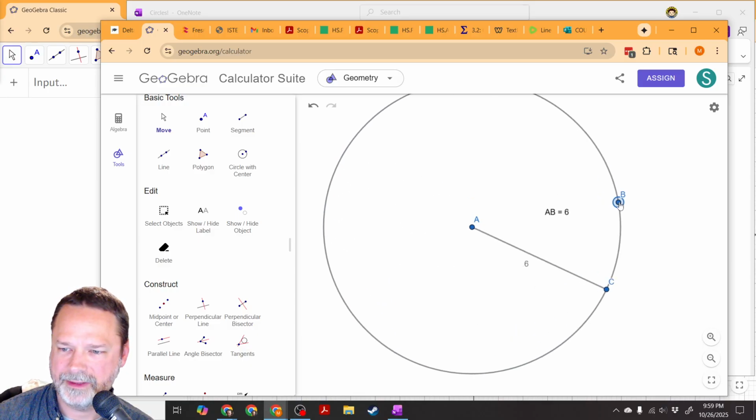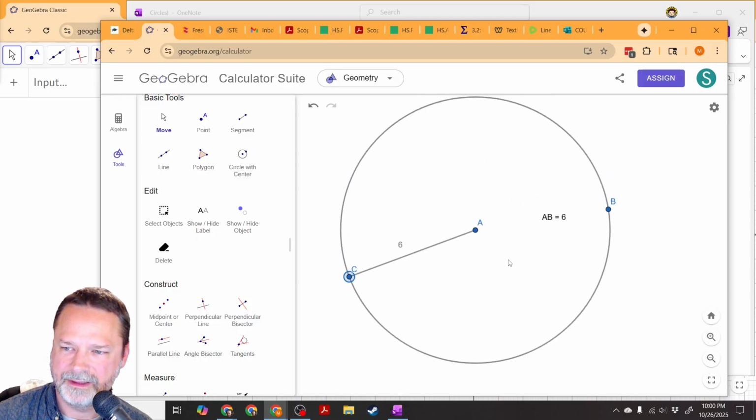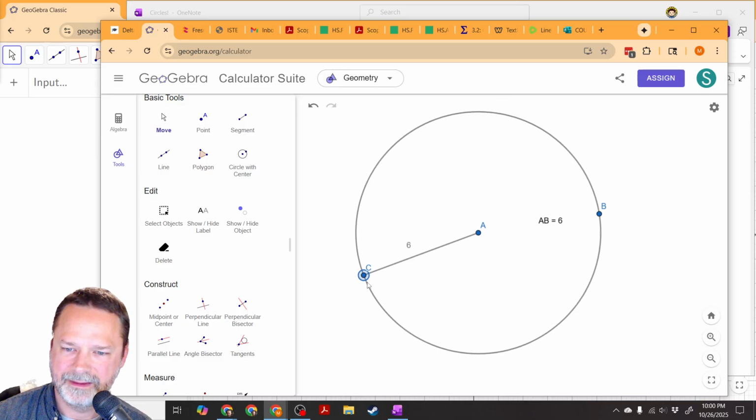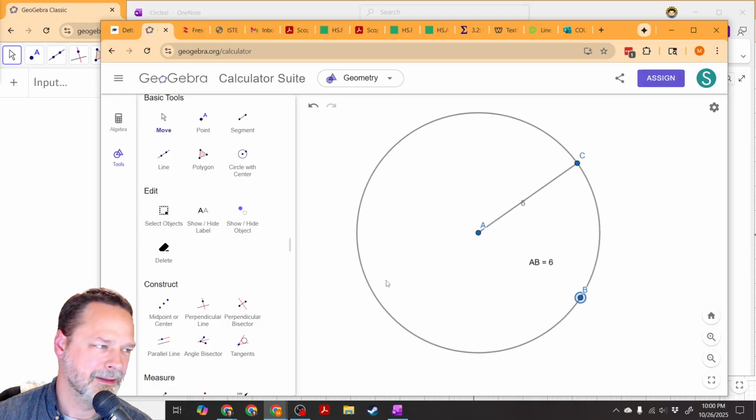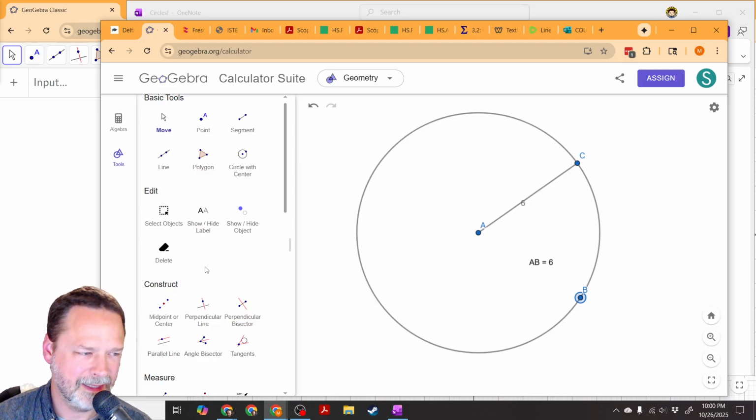I can change the radius of my circle, and this is my radius right here, is the distance from A to C. Now it's 6. Okay, so there's our general gist of what a circle is. So now let's mess with that a little bit and find an equation for it.